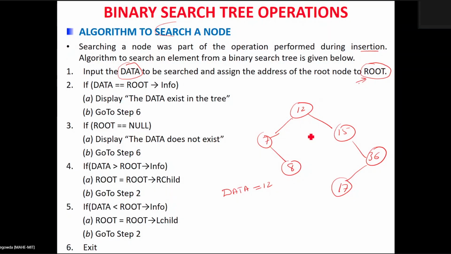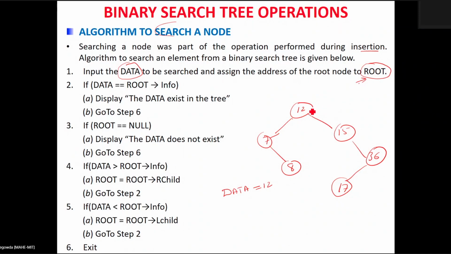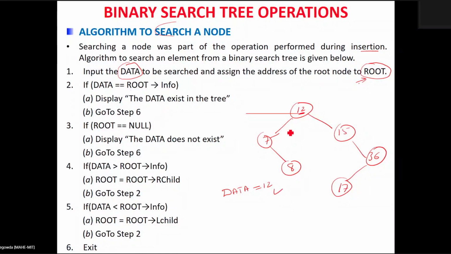Now we have the root node 12, and the pointer of the root node is in the variable root. So you are going to compare that. Root points to info means you are going to access the value 12. Since data equals root points to info, your data is also 12 and the root node value is also 12. So in the first iteration itself the searching is successful.